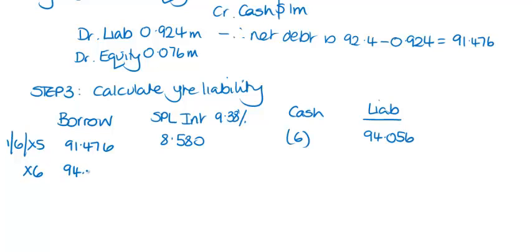X6, we've got 94.056 times 9.38%, so that's 8.822. X7, 96.878, 5.0938.